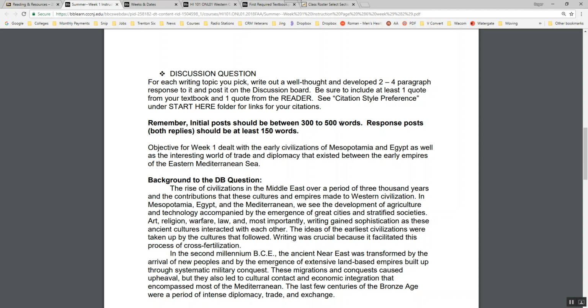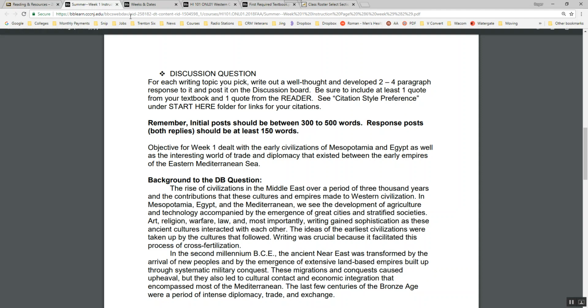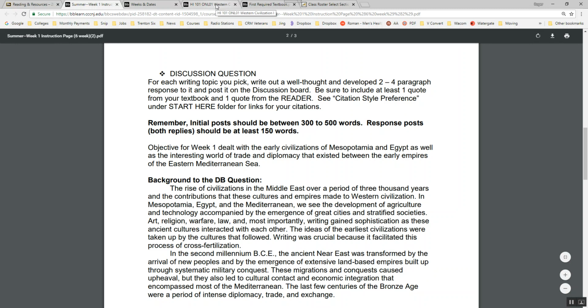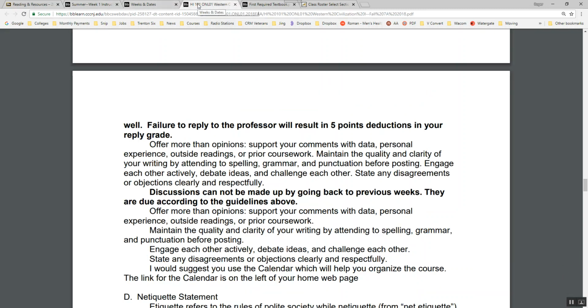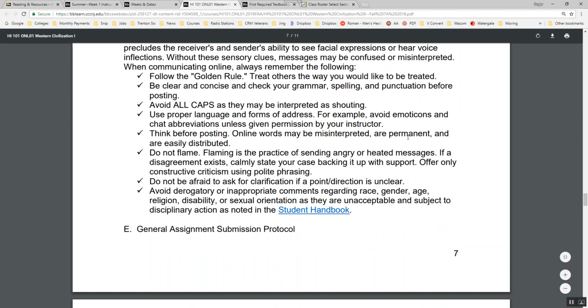But your replies have to be at least 150, which means you need 2 replies to 2 students, and both of them, not each, both of them have to be 150 words. So one can be 70, the other one can be 80 or 90, and then of course replying to me. That's basically it.